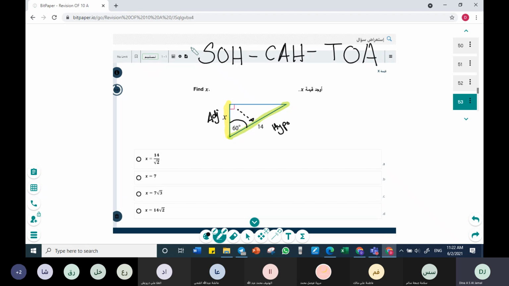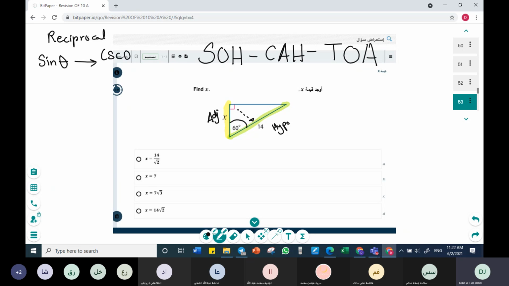So this is for the main trigonometric ratio, and you already know that sine theta is opposite over hypotenuse. What is the reciprocal of sine theta? Cosecant.